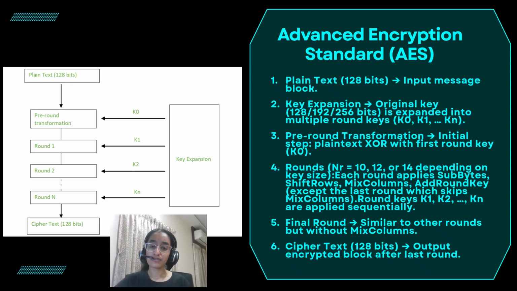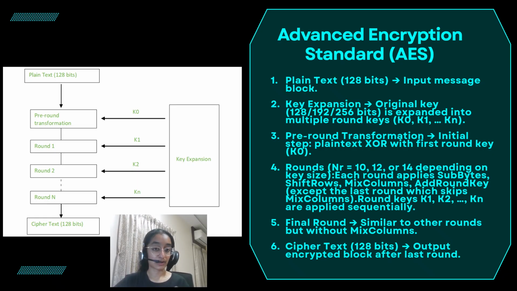Rows of the state matrix are cyclically shifted left by different offsets. This mixes the position of bytes to spread information across columns. Then we have MixColumns. Each column is transformed using matrix multiplication in a finite field. This mixes bytes within each column so that a change in one byte affects all the others. Finally, AddRoundKey: XOR the current state with the round key.